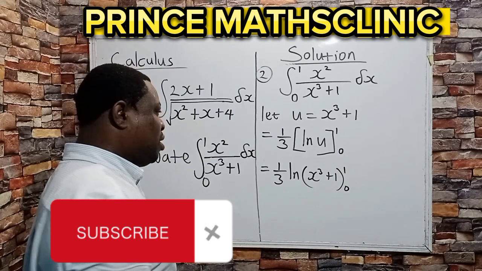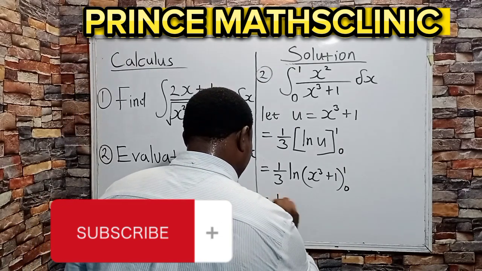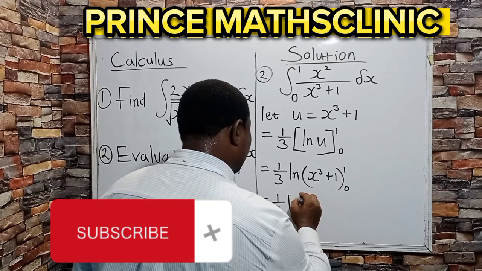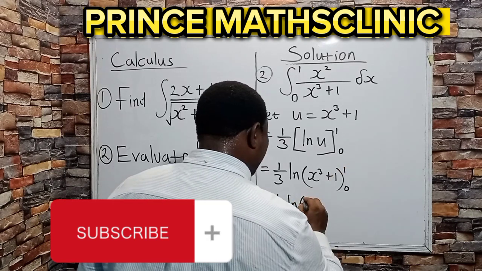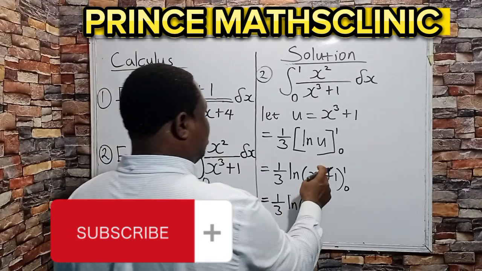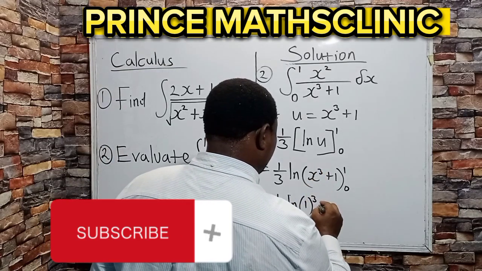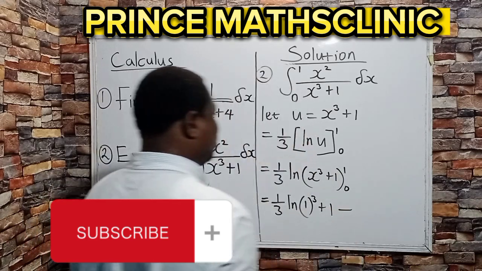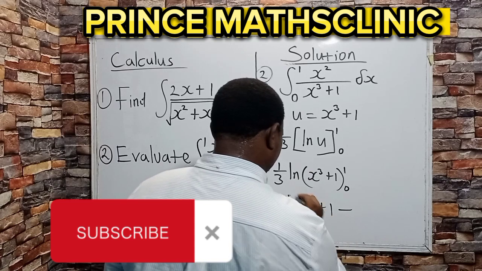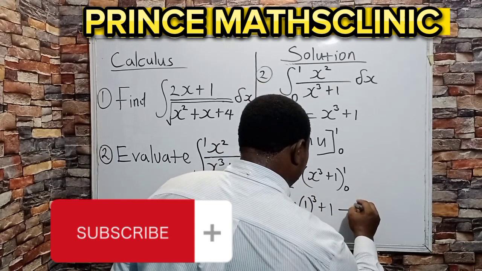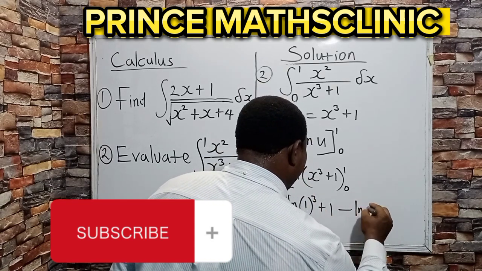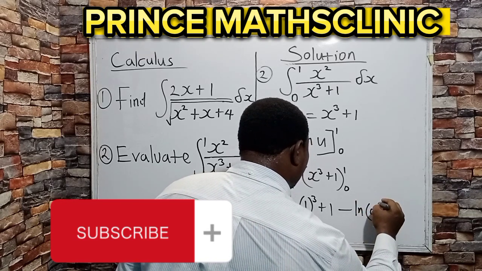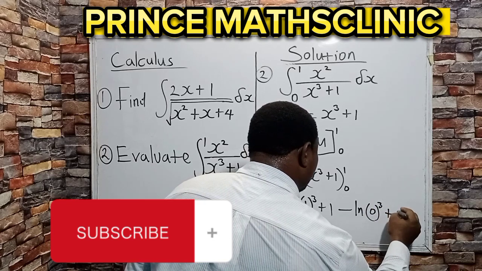So what does this mean? It means putting your upper limit. What's the upper limit? 1. Then it's cubed plus 1. Then minus, right, your lower limit, which is what? Ln x now is now 0, cube it plus 1.